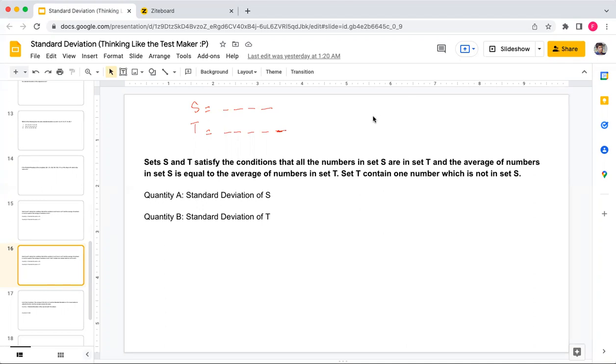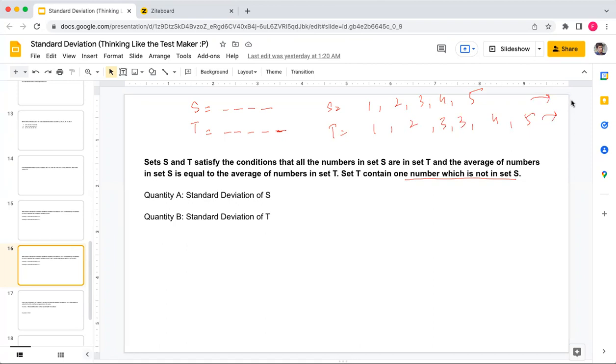For example, S is 1, 2, 3, 4, and 5, and T is also 1, 2, 3, 4, and 5. For the time being, the numbers of elements are equal. Now you have one more. The question says T contains one element which is not in S, but their average is the same.